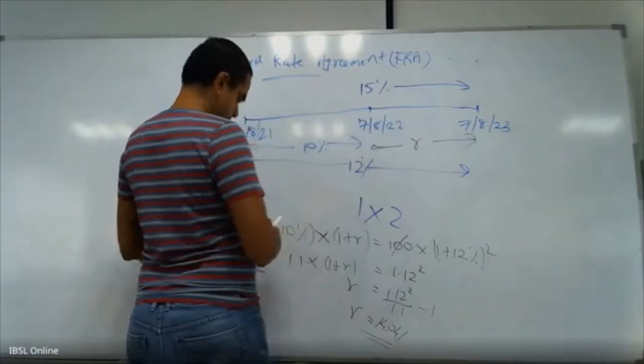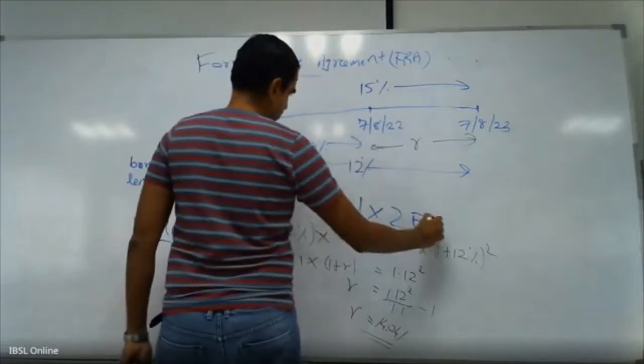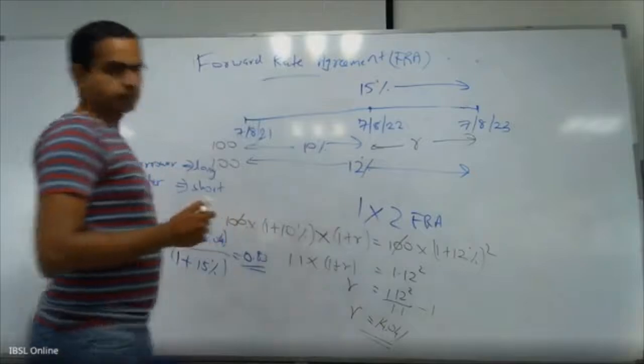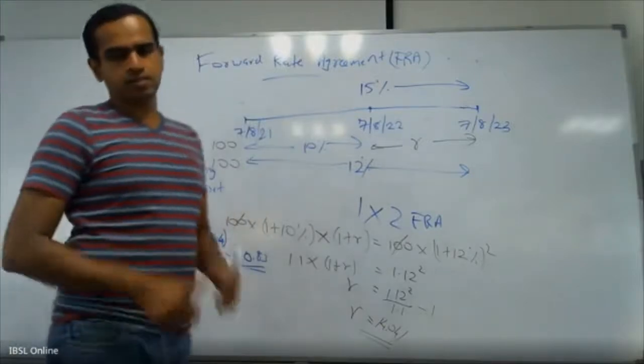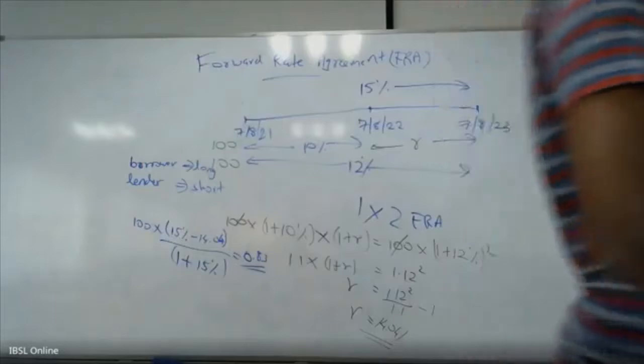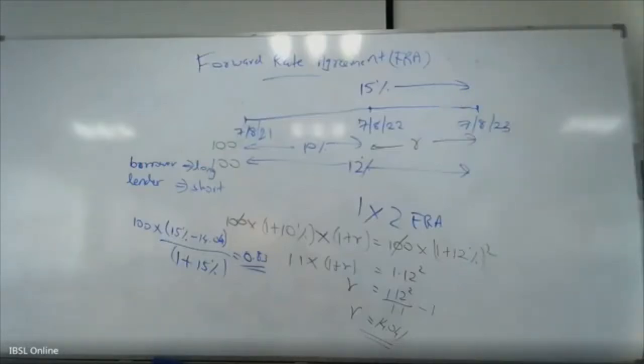So it's called a 1/2 FRA. Clear? Any questions?